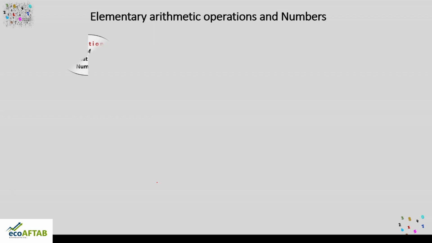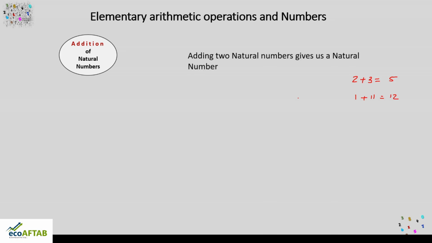One simple example: if you add up natural numbers, let us say 2 plus 2, 2 is a natural number, or 2 plus 3, and 3 is also a natural number, you are going to get one more natural number. If you add 1 plus 11, you will get one more natural number. So by adding two natural numbers, the answer will also be a natural number. So friends, addition of natural numbers gives us a natural number.